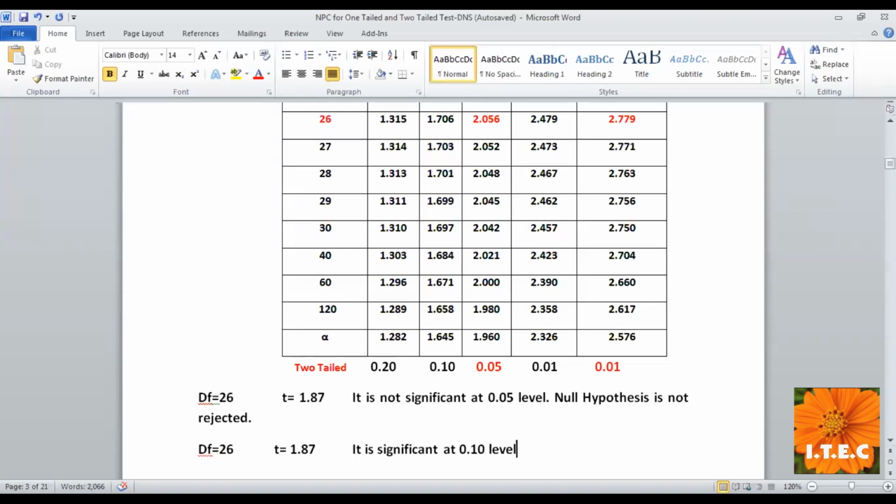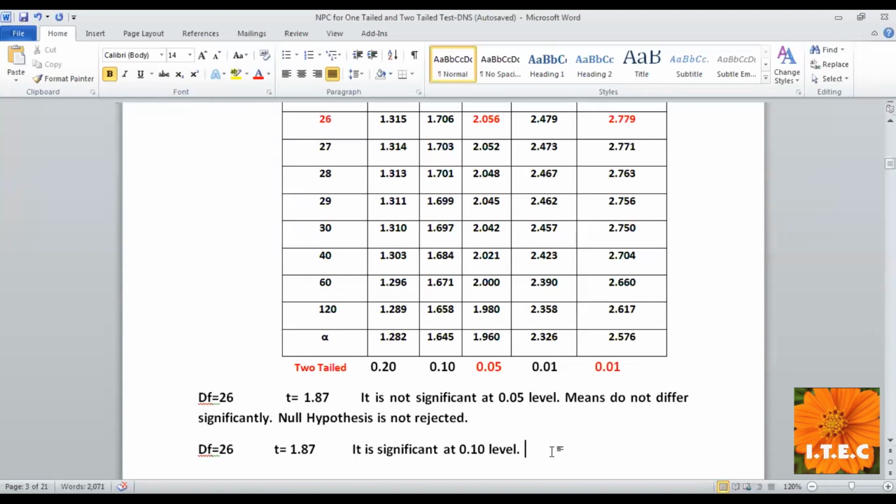It is significant at 0.10 level. Then what is the meaning? That it is not significant. That means that here I should have written means do not differ significantly. And therefore the null hypothesis is not rejected.